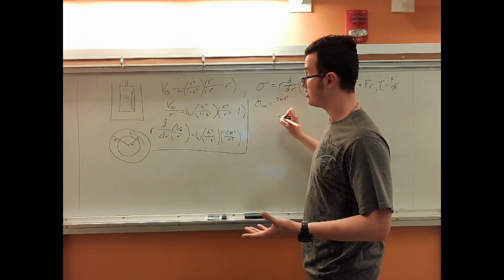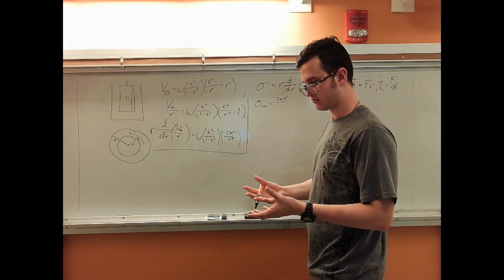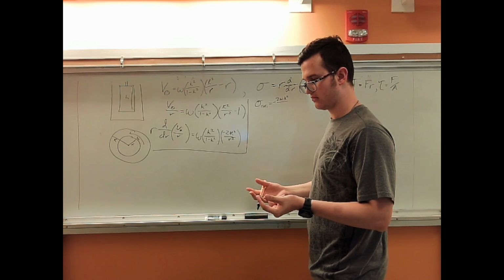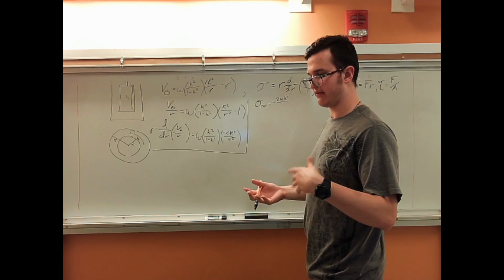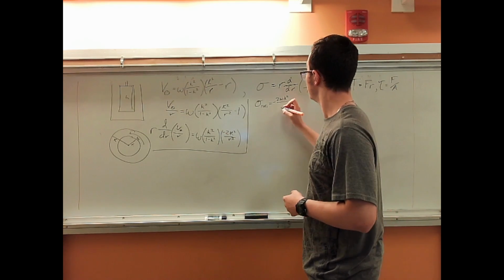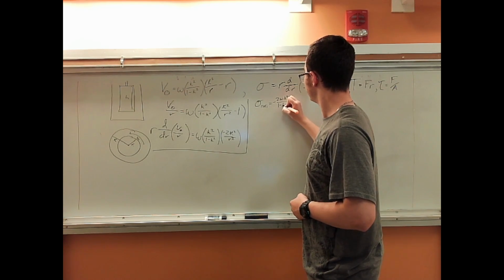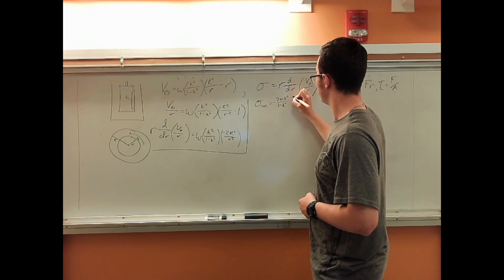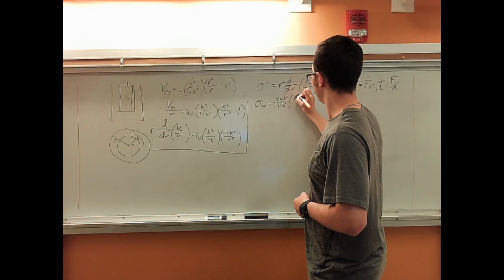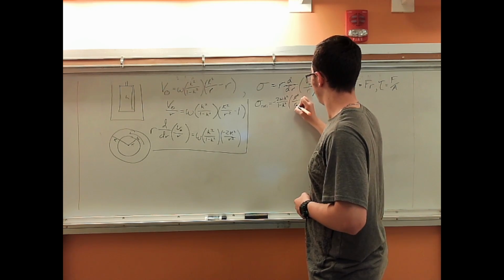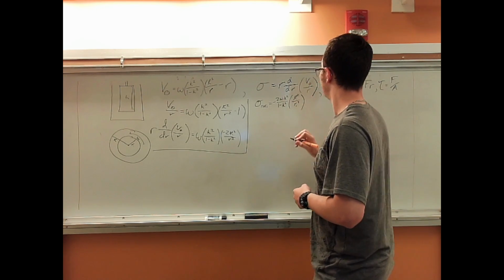I'm just combining different parts of the formula. 1 minus k squared multiplied by r squared over ri squared.